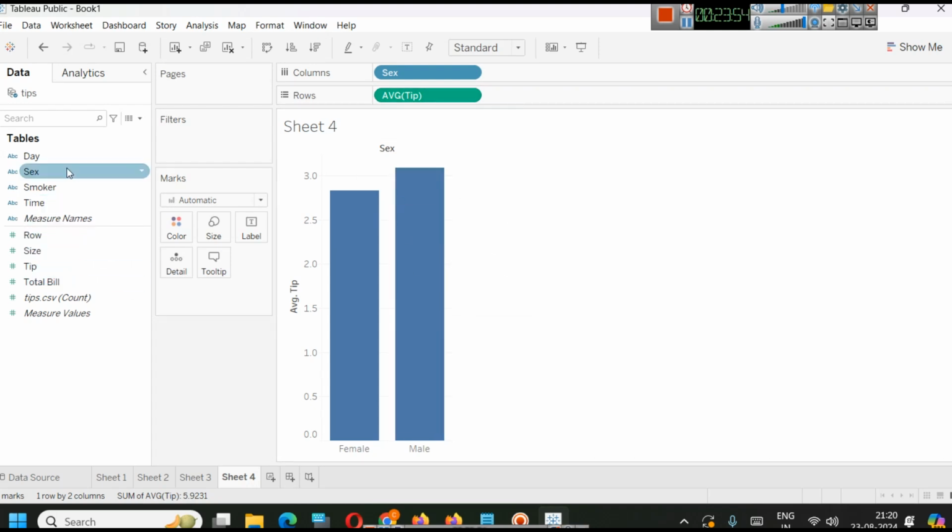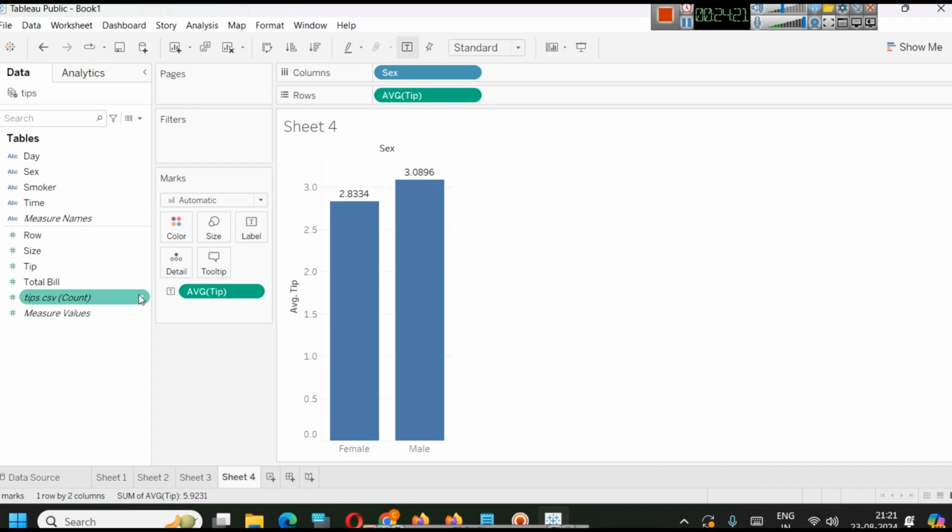If you want to show that average value, you can copy this value and show it on label. It's your choice how you want to display it, but this is a very important piece of information, that the average amount of tip is more in case of male than female.